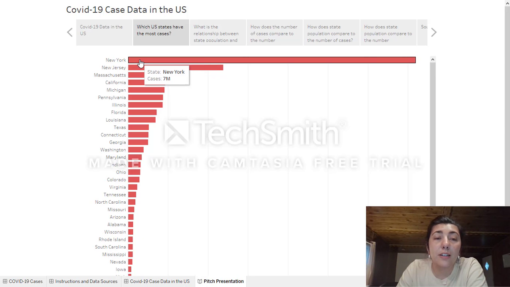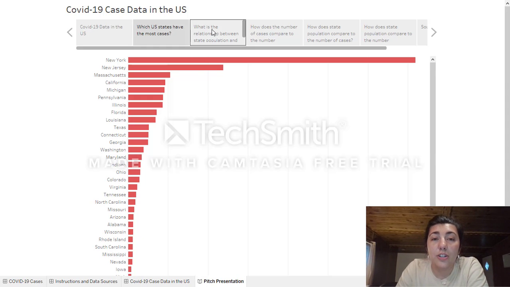So New York has the most cases. They have a staggering amount more than any other state, and New Jersey's next, Massachusetts, California. And just by that, we can kind of make an assumption that because of population, the population would mean that there's more cases.